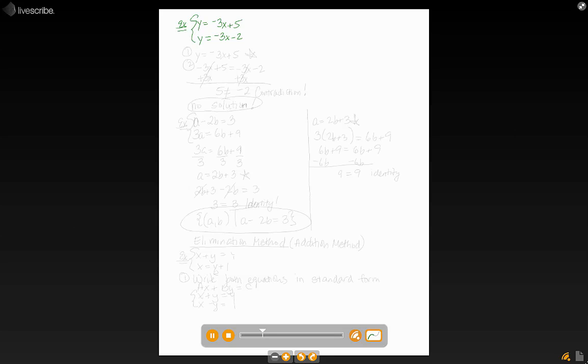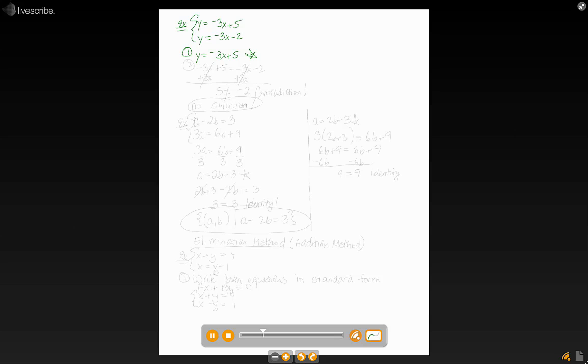So the first step for the substitution method is to solve one of the equations for one of the variables. Guess what? You could pick either one, right? They're both solved already. I'll just use the first equation, y equals negative 3x plus 5, and call that star.